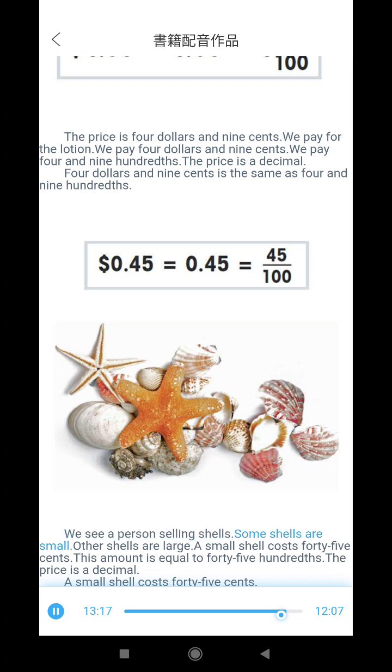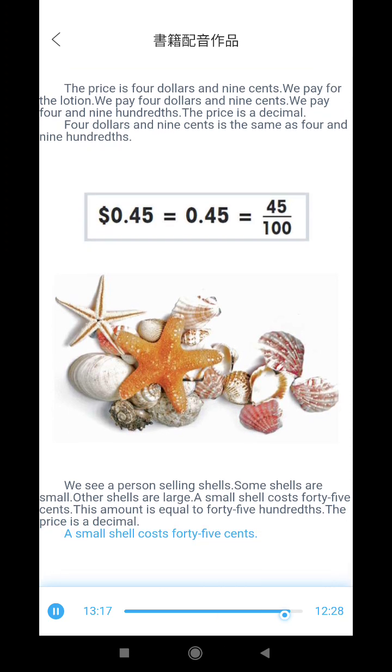We see a person sell shells. Some shells are small. Other shells are large. A small shell costs 45 cents. This amount is equal to 45 hundredths. The price is a decimal.